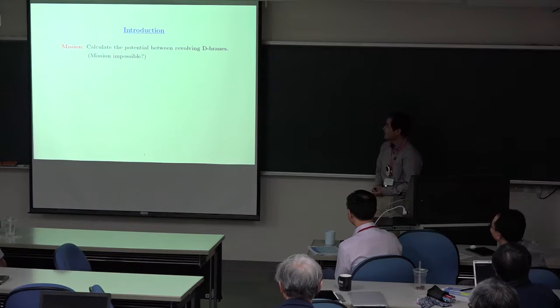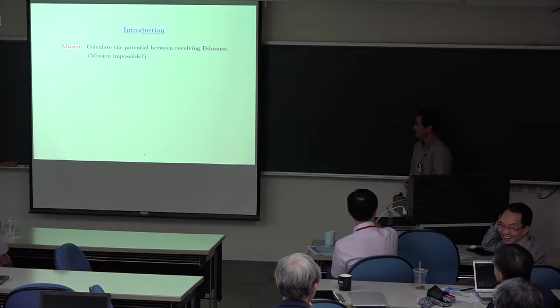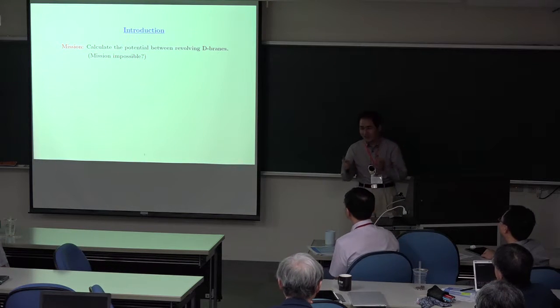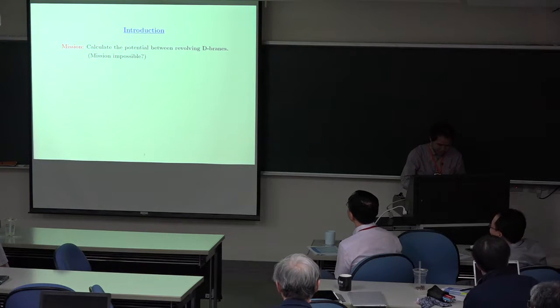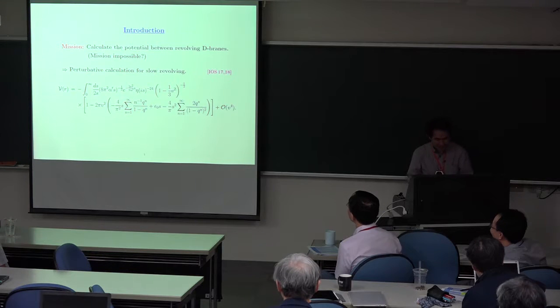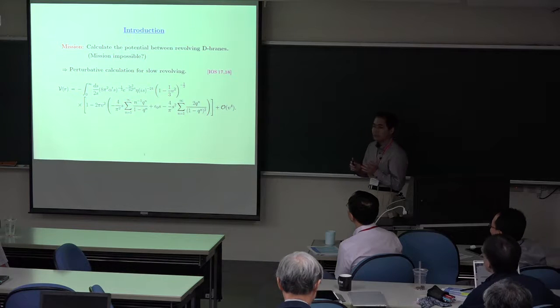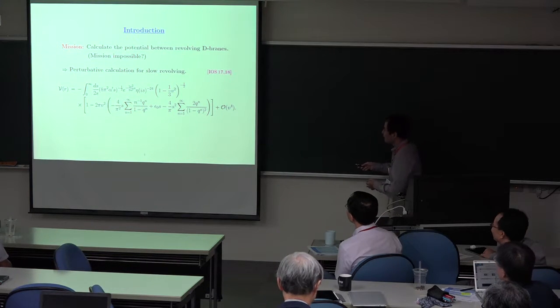But it's also impossible to say so. So I just said, okay, let's do that, and try to think about what can really be done. The first thing we could do is a perturbative calculation for the effective potential, and we got this potential.